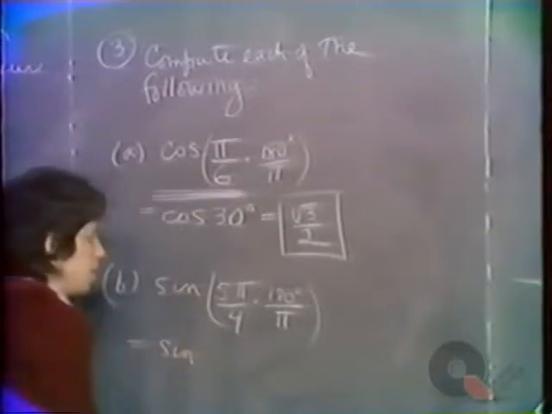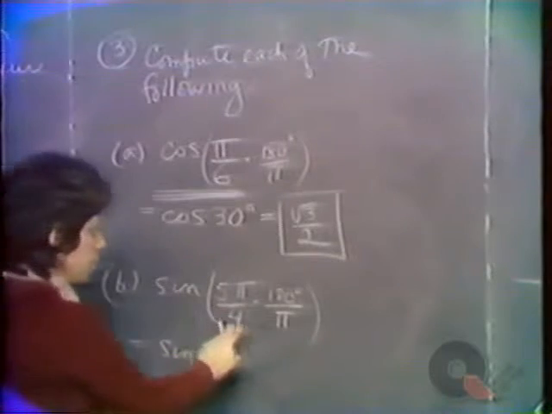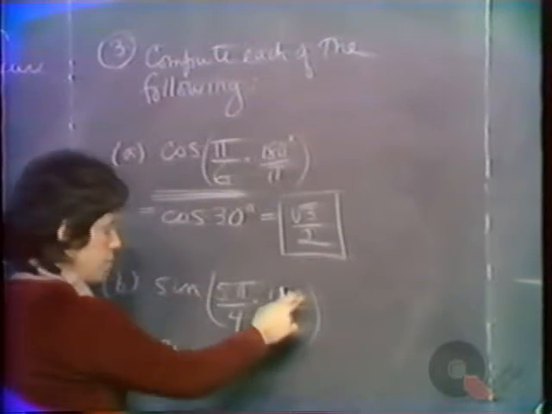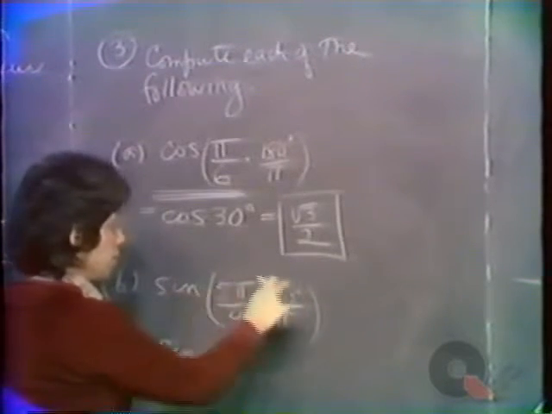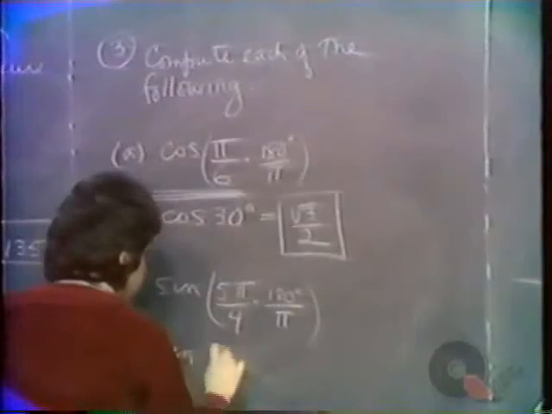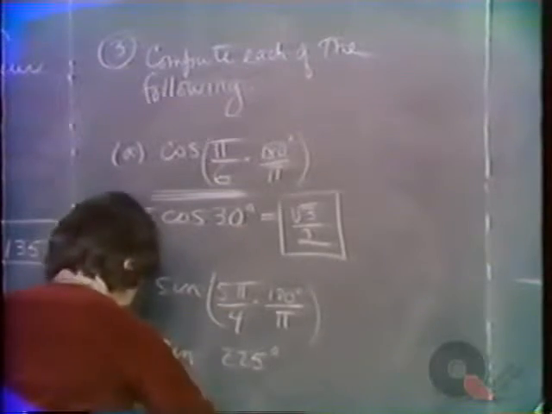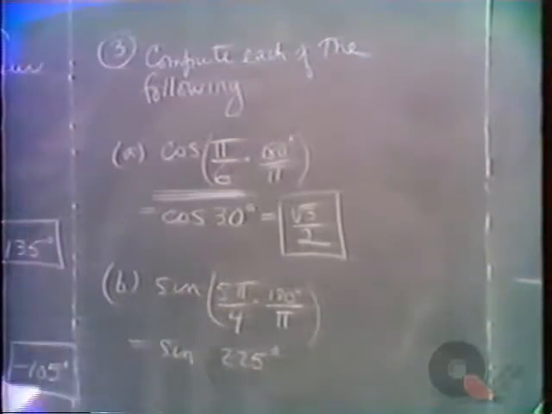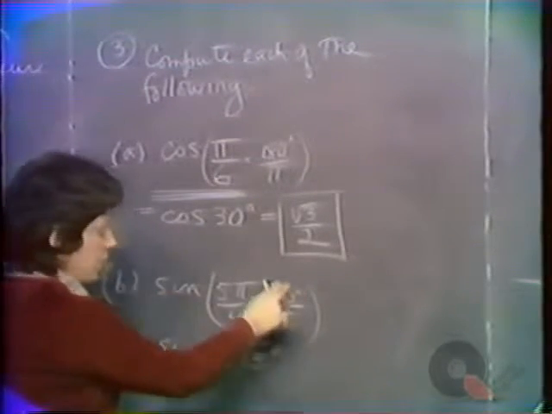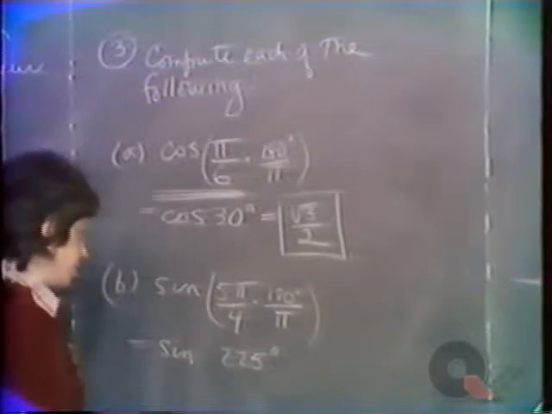The sine of, well, the pi's cancel. 4 goes into 180 45 times. 45 times 5 gives us 225 degrees.